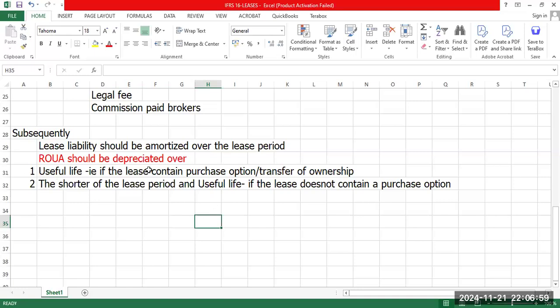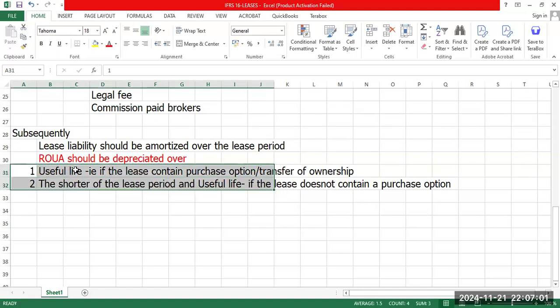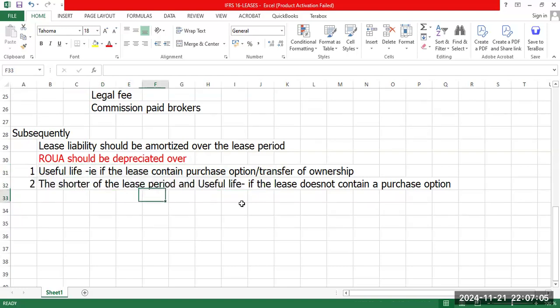Why are we saying all this? Colleagues, useful life may be different from the lease period. You as a customer are going to use a leased asset for a period of, let's say, 5 years. But it doesn't mean that at the end of 5 years, that asset will no longer be there.